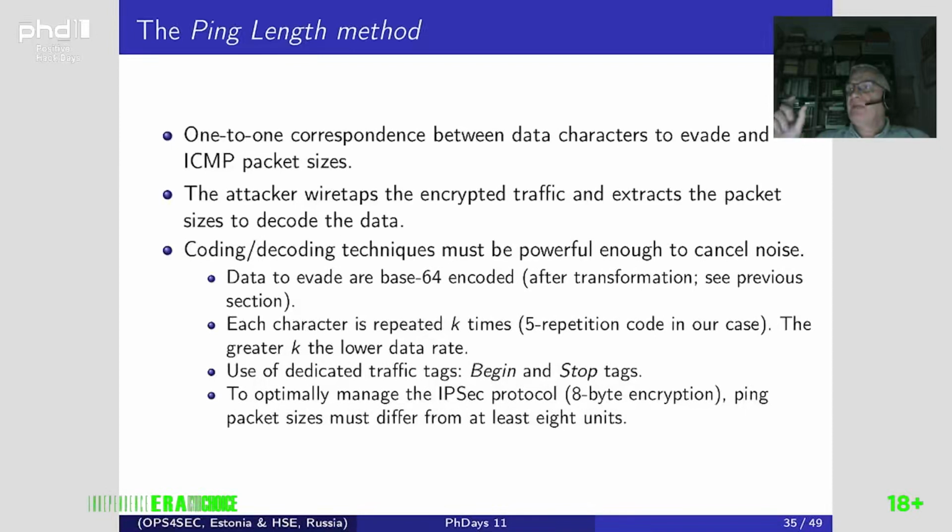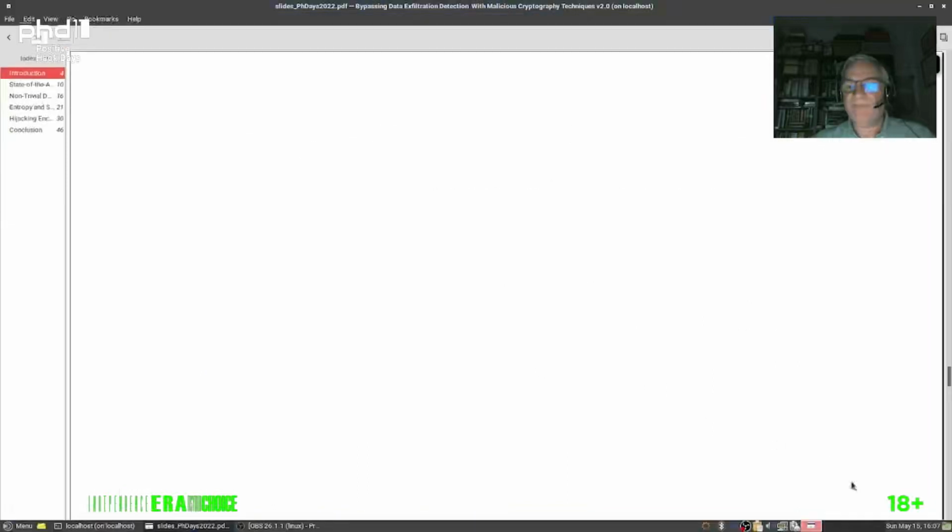It means that the packet size can vary. So the aim is to do something like Morse code, to code the data to exfiltrate in order to use the different sizes of the packet.